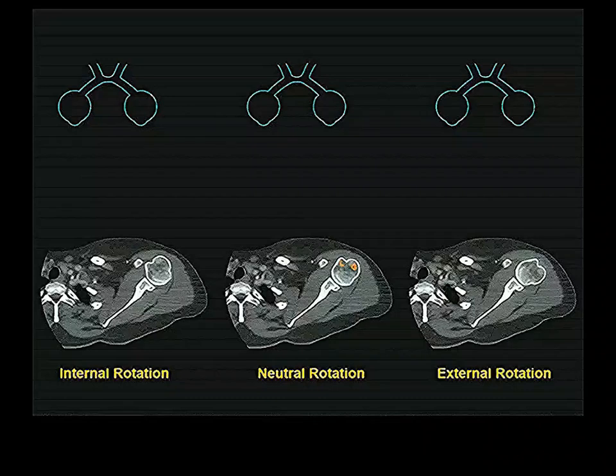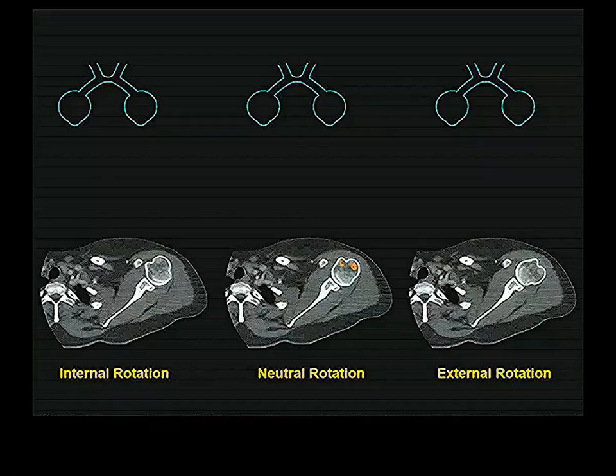Not anatomic position necessarily, just plain old neutral rotation. In that case, if you do a plain film of this person, the lesser tubercle will overlap the head of the humerus.